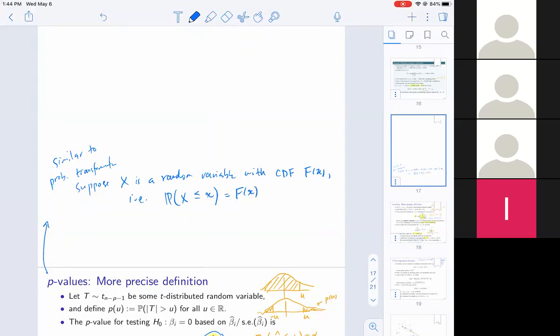Okay, define a new random variable U by applying F to X. This is not F of a random x. Let me write it like this so it's not confused.